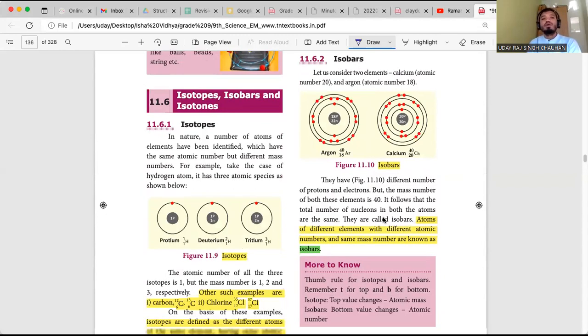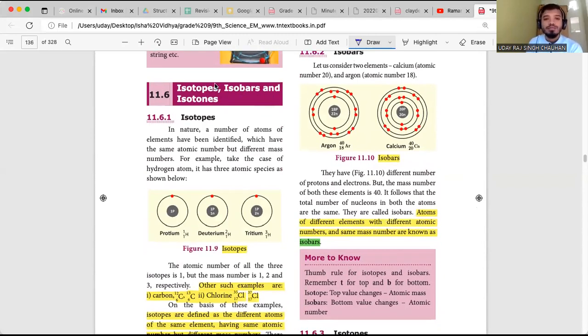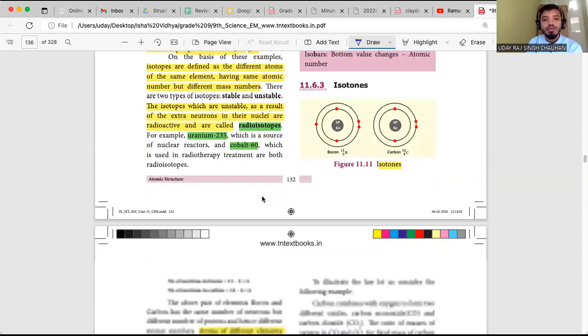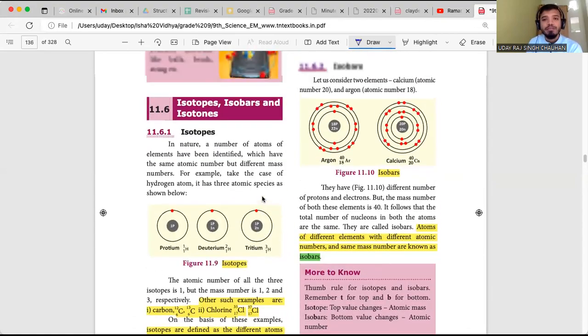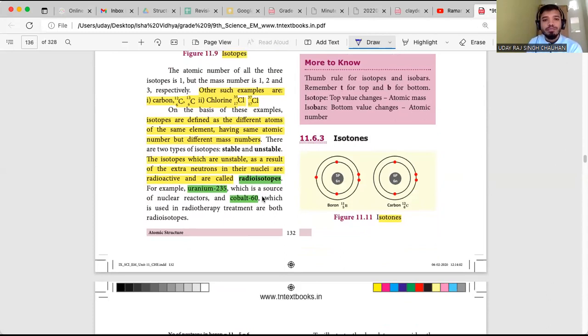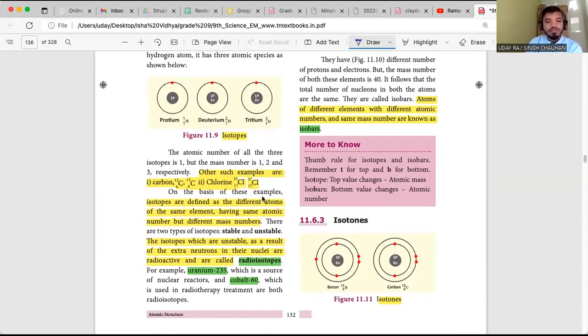Yes, next we move on to the three very important terms: isotopes, isobars, and isotones. All of you should know the definition of an isotope. So what is an isotope?